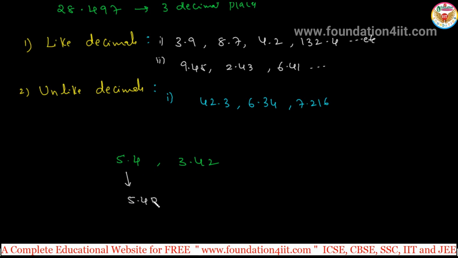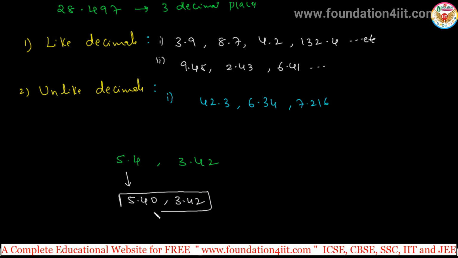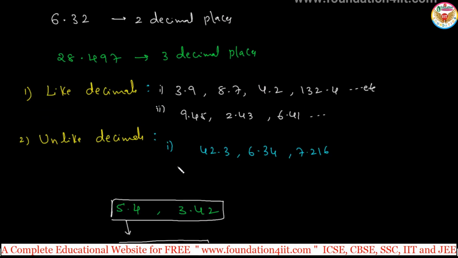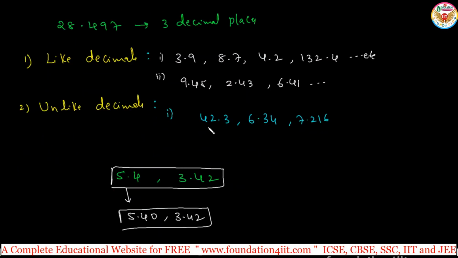We can put any number of zeros at the end after the point, and the value does not change. 5.4 and 5.40 are the same. So 5.40 and 3.42 come under like decimals. When you see the original two, they are unlike decimals, but when writing, this is the only difference. Just remember, decimal places are the number of figures after the point.